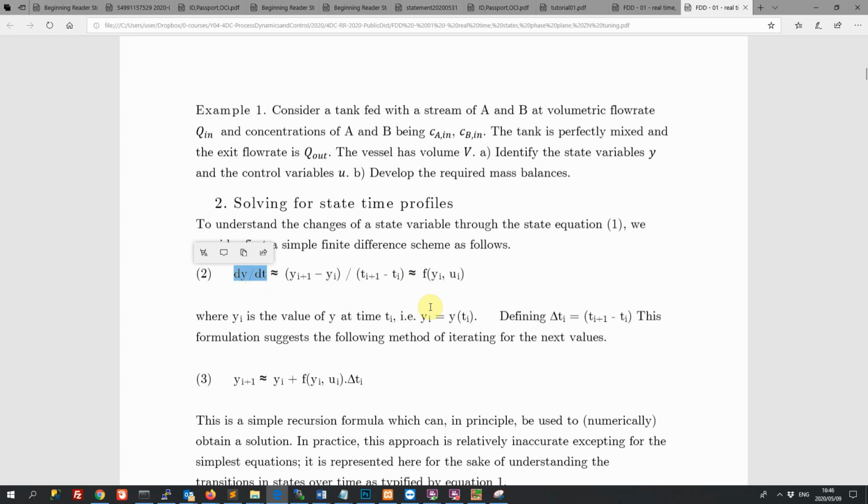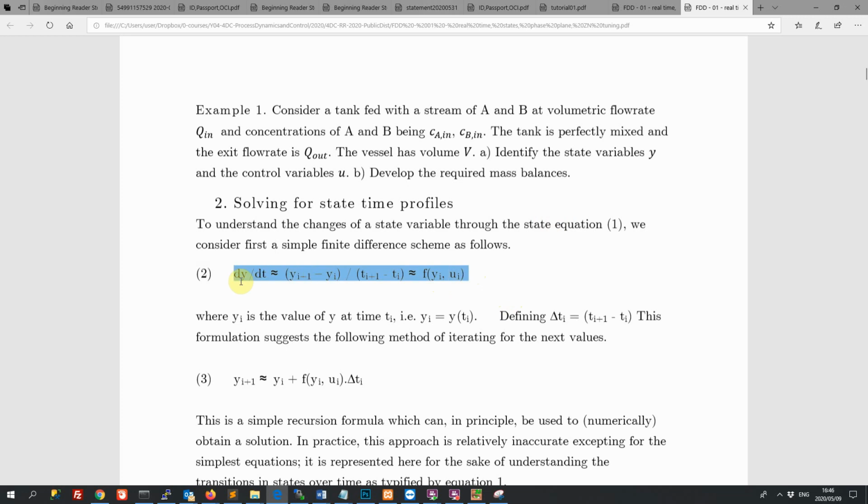If you imagine a curve between i and i plus 1, the average gradient over that curve is approximately the same as the gradient we get at the i value.